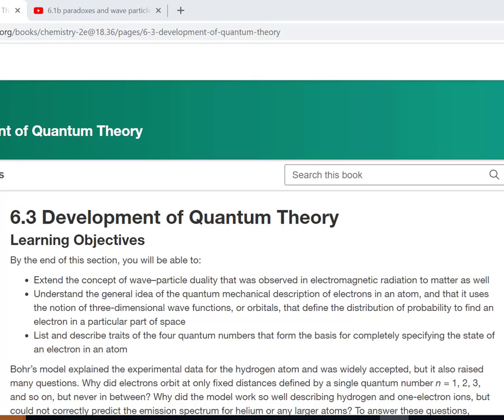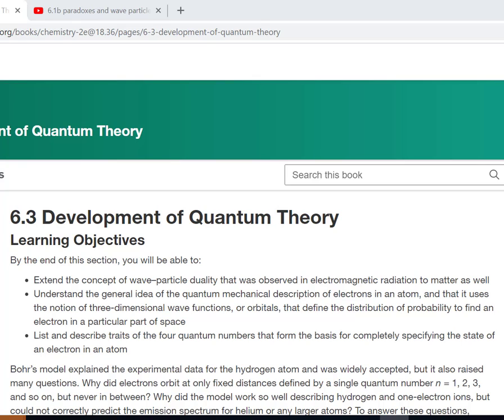This is something, however, that if you would like to, you could discuss as part of a project later in the semester. So the learning objectives: extend the concept of wave-particle duality that was observed in electromagnetic radiation to matter as well.